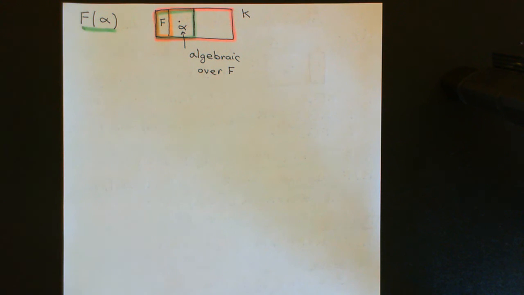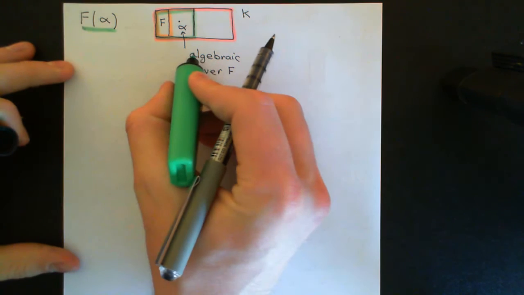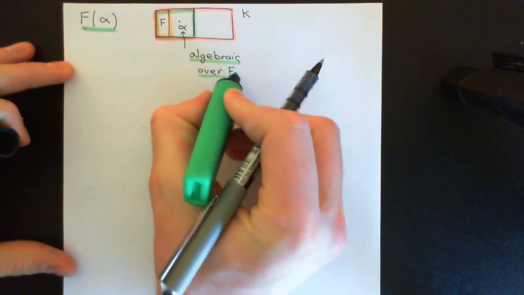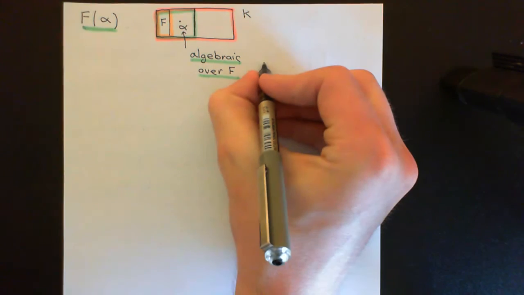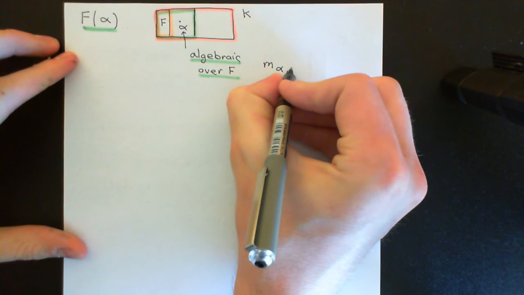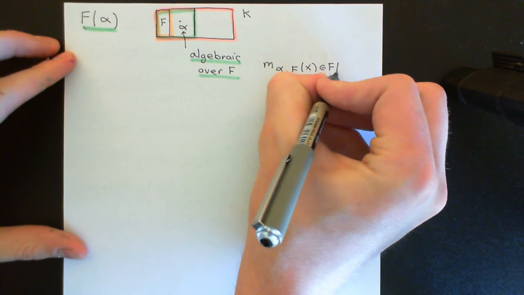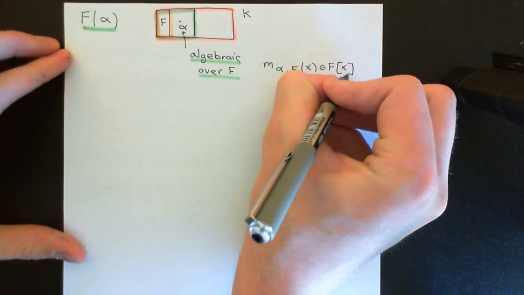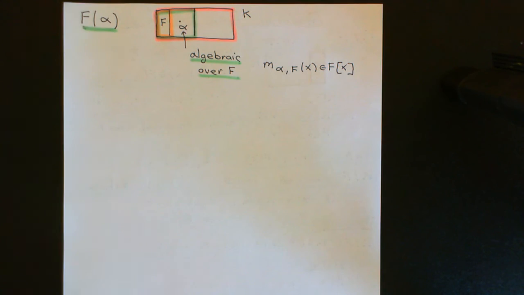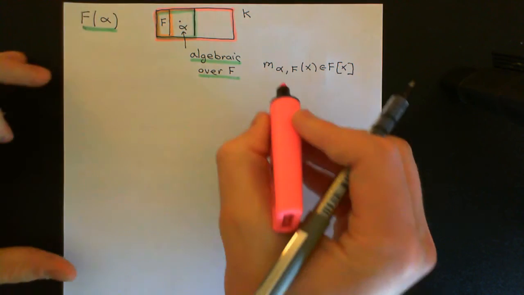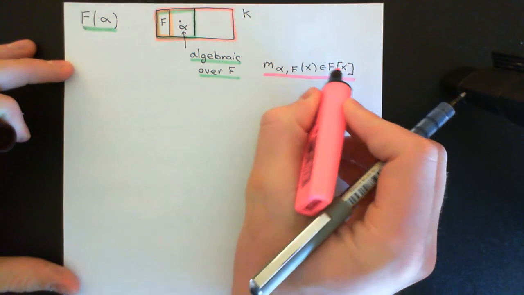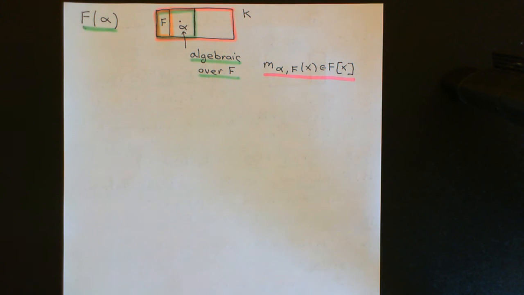Now, because we know alpha is algebraic over F, we now know that there will exist some minimal polynomial of alpha over F. So alpha will have a minimal polynomial over F, which will be some element of the ring of polynomials over the field F. Now, from the previous video, we know that the field generated by alpha over F will be isomorphic to a construction that we spent so long exploring in the previous video on field extensions.